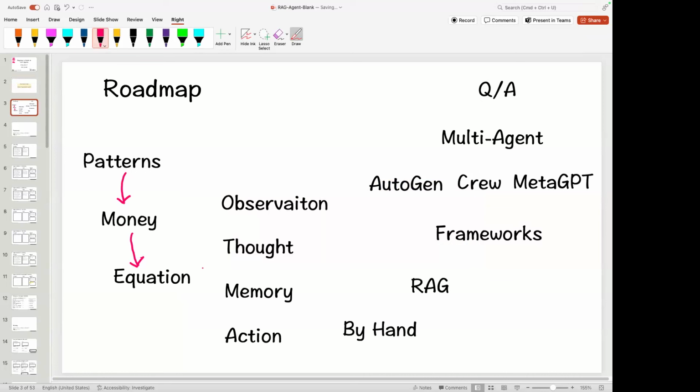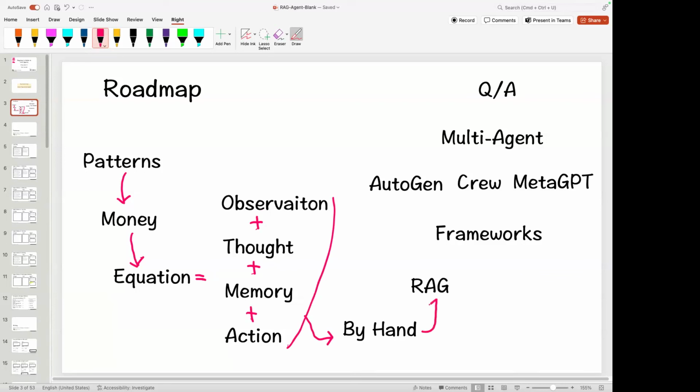One way to think of an agent is that agent equals observation plus thought plus memory plus action. With that in mind, I'm going to build a framework for an agent with you by hand, and you will see that it's not a super mysterious thing. You can do it yourself too.